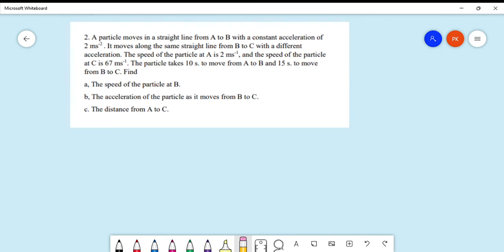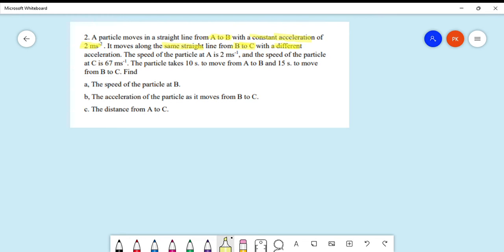Yes, so a particle is moving in a straight line from A to B with a constant acceleration of 2 meters per second square. It moves along the same straight line now from B to C with a different acceleration.